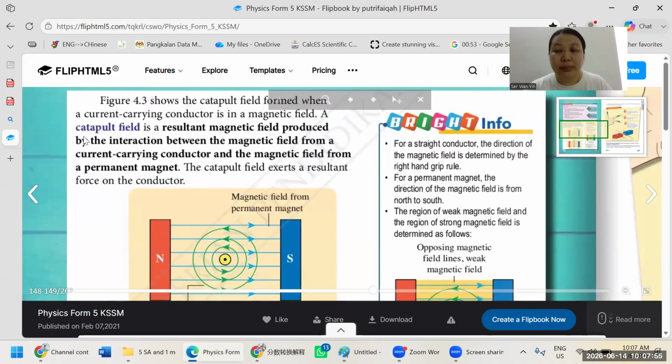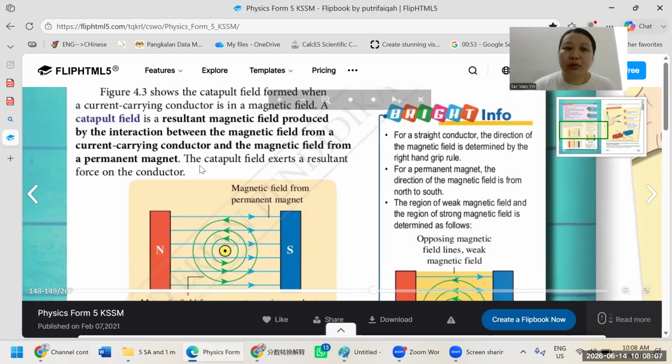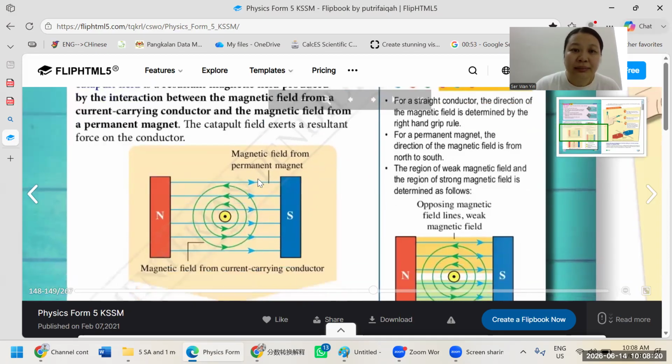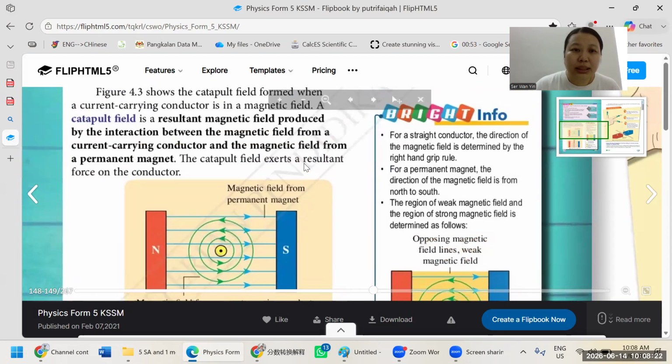So catapult field is SPM 2021. They really ask. Bahagian B or bahagian C, I mean the essay. Catapult field is a resultant magnetic field produced by the interaction between the magnetic field from a current carrying conductor and the magnetic field from a permanent magnet. Okay.